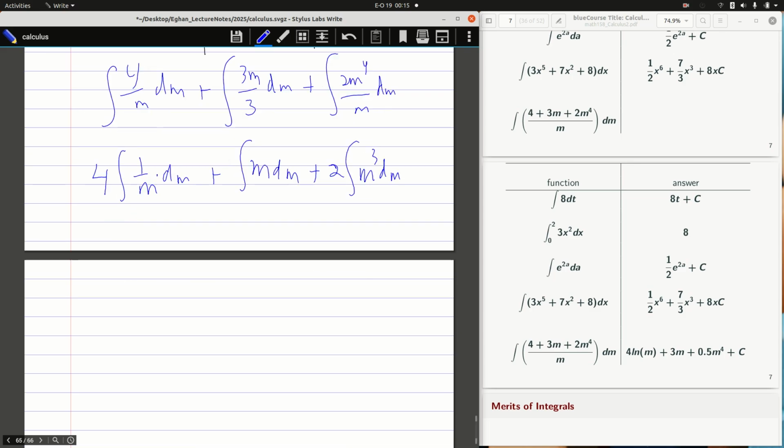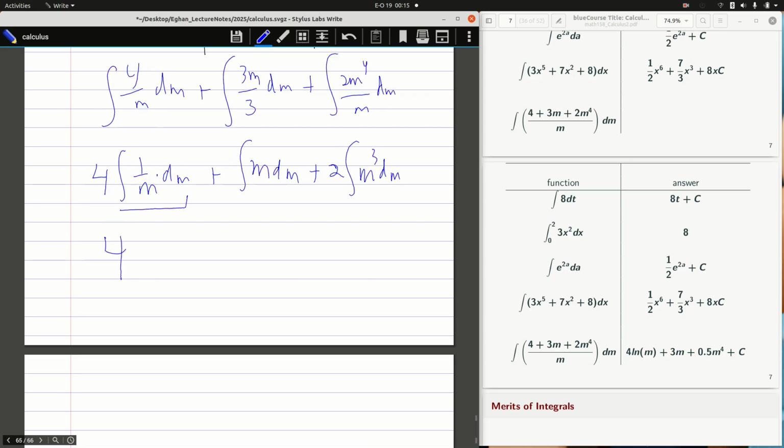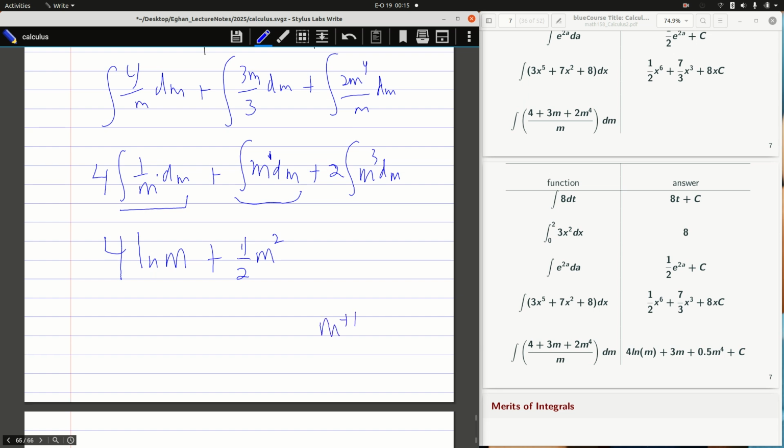I've simplified this further. If I integrate this part, I get 4 ln m, plus integrating this by the power rule, I have 1 over 2 m squared, because I add 1 to the index. This is as if I have m to the power 1, and so I have m^(1+1) over 1+1, which is m squared over 2, and that is what I have here, plus 2 over 4 m to the power 4.